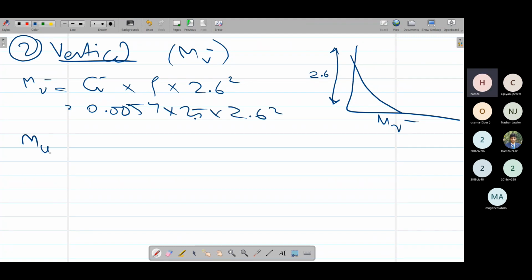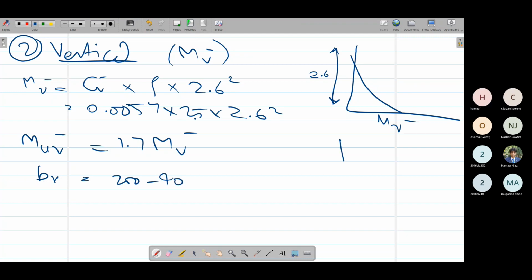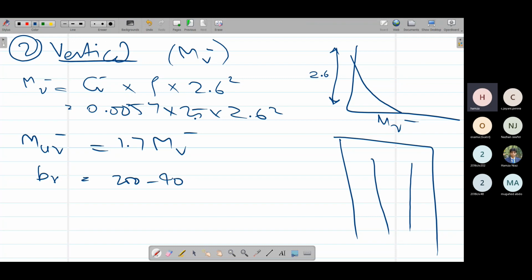M ultimate V negative is 1.7 MV negative. Now dV would be simply 200 minus 40 cover, minus the diameter of horizontal bars, minus half the diameter of vertical bars.